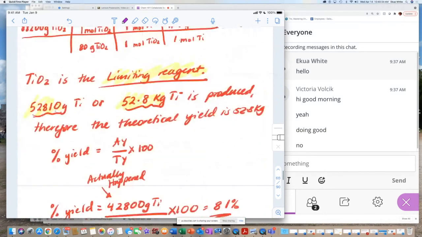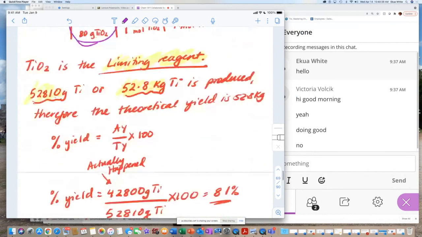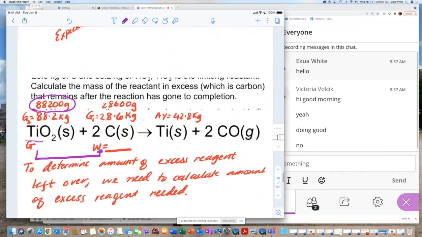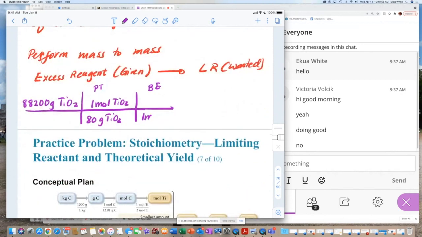I need this number here because I already have the work done. 80 grams of TiO2, 1 mole of TiO2. Okay. Then in the balanced equation, I need to relate TiO2 to carbon. So TiO2 is 1 mole from the balanced equation. Carbon, I saw 2 moles. 2 moles of carbon. Okay, done.